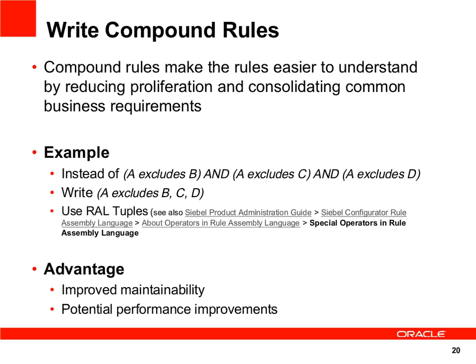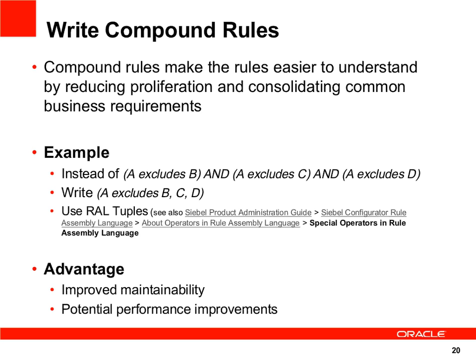We also have the possibility of using tuples. I don't know whether you know that, but the basic language for the iLog engine is RAL, that's the rule assembly language described in the Siebel bookshelf. And this language has a syntax element which is named tuples. If you have a lot of rules which are very identical besides the operands, you can simply write the rule by using variables and then add the operands you need at the end of this rule via brackets and pairs.